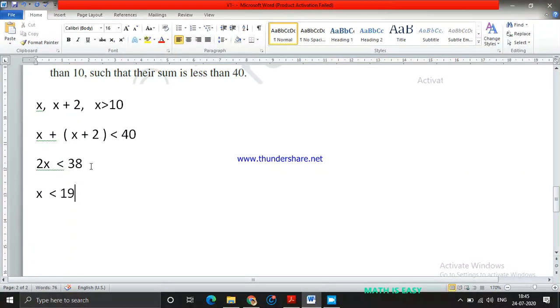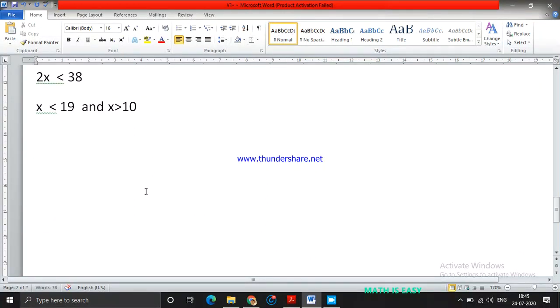So there are two conditions: x is greater than 10, and x is less than 19. Here let me write. So what numbers can you take as x values? The possible x values can be 11, am I right?